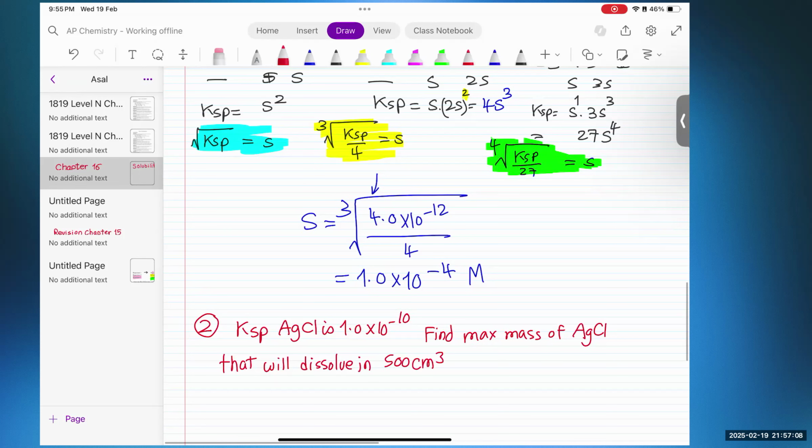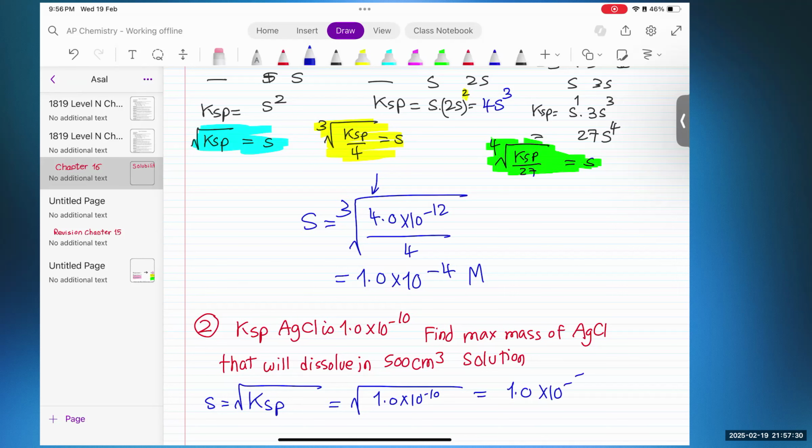Again, I will find the S first, our solubility first, our concentration first by the same way. Ratio is 1 to 1, so S is equal to radical KSP. So radical 1 times 10 to the power of negative 10, what is that? هنا من الفايل بيقول على طول 1 في 10 to the power of negative 5 molar.